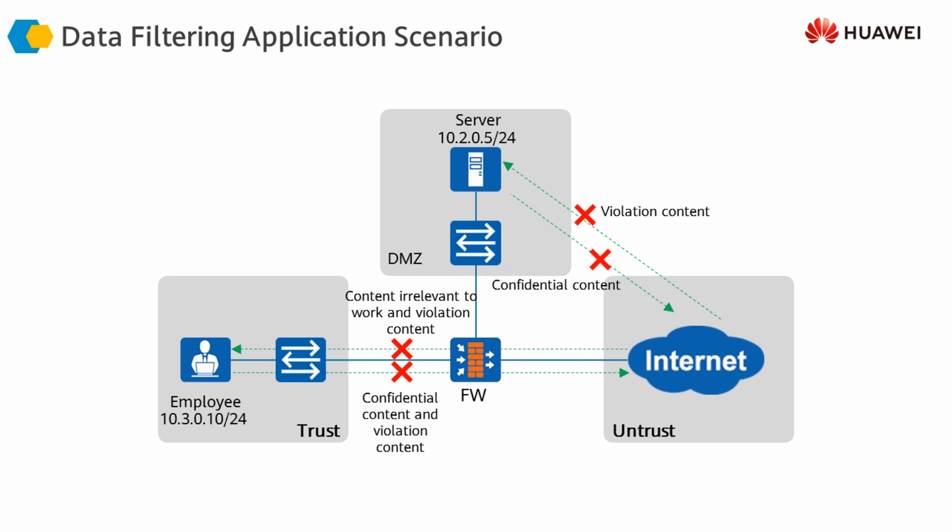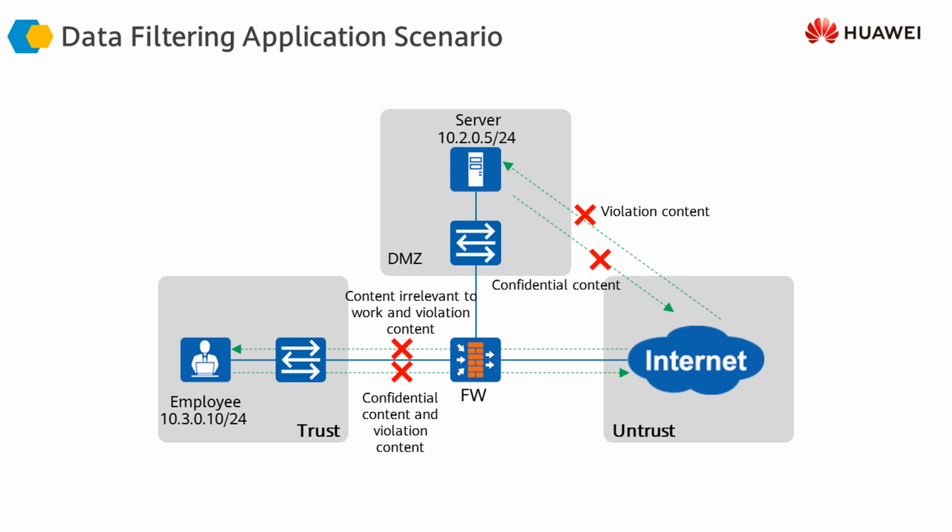The situations where we could want this is we could want to block confidential content from our network going out to the internet, or we want to block the violation content, whatever violation content we have defined. We would want to block that traffic based on that violation content.